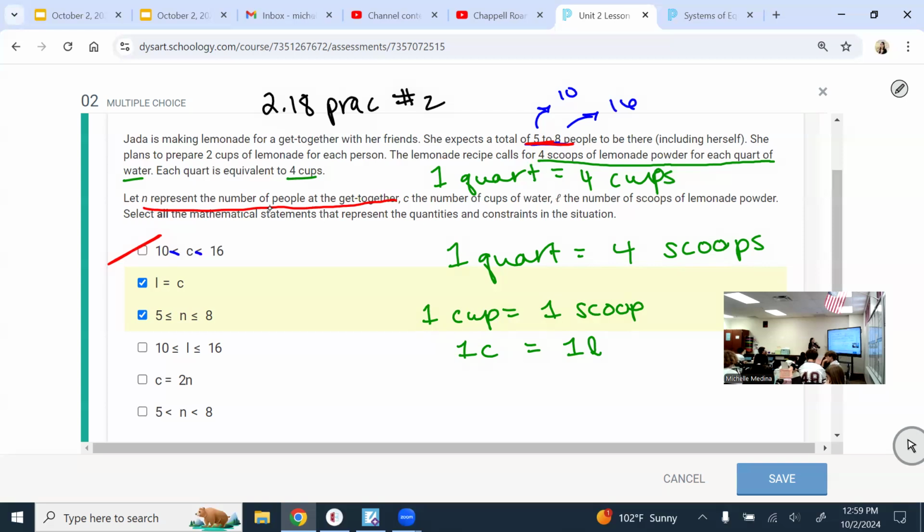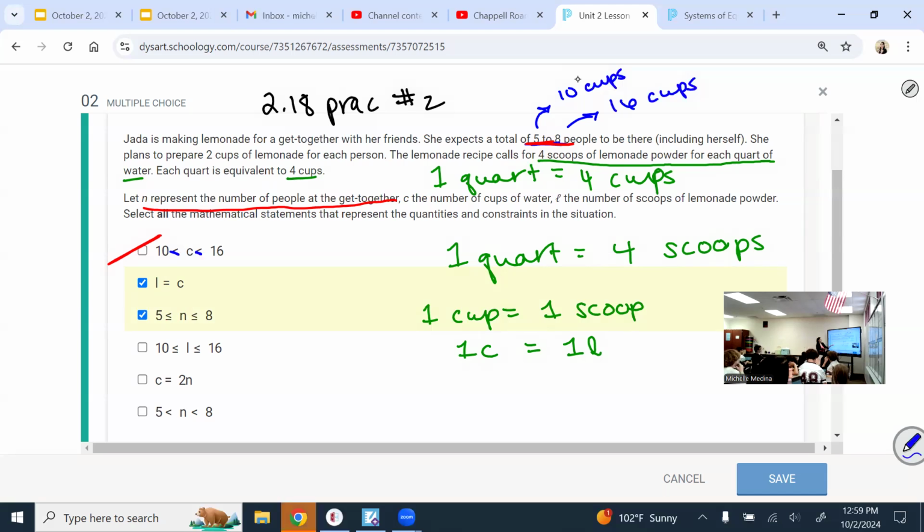For this one, the scoops of lemonade powder has it between 10 and 16. So let's see. If we know that she was having either 10 cups to 16 cups, how many scoops of lemonade powder would that be?